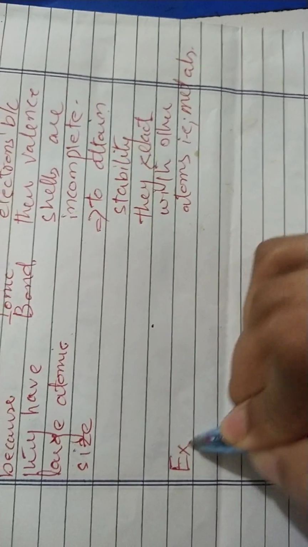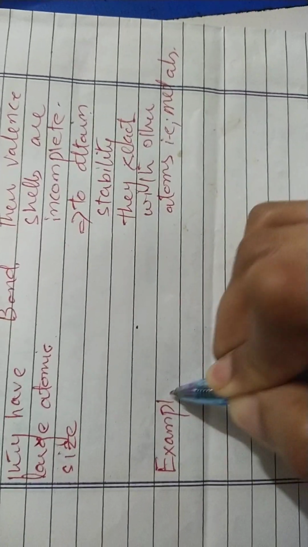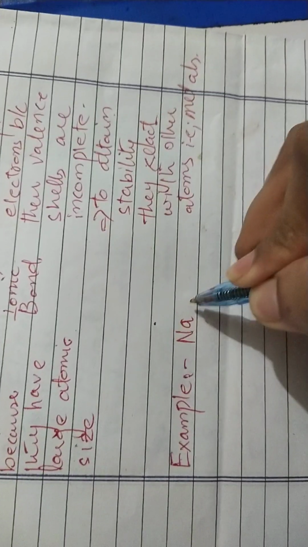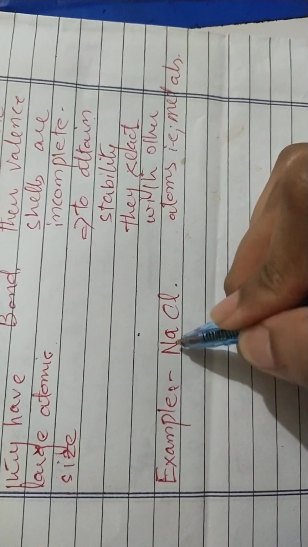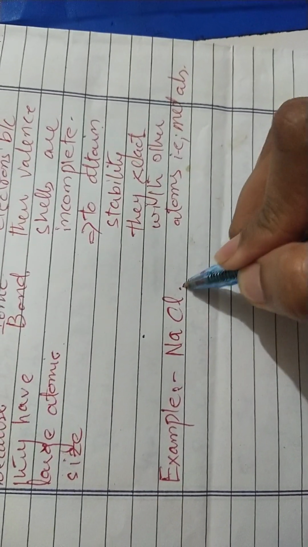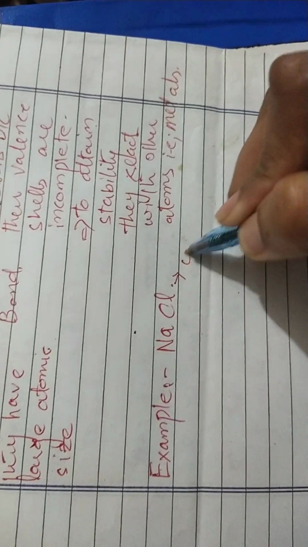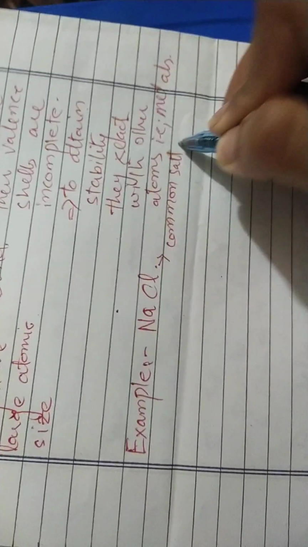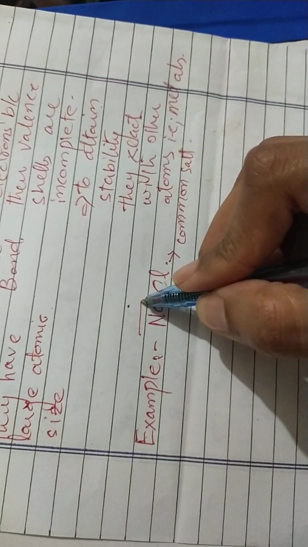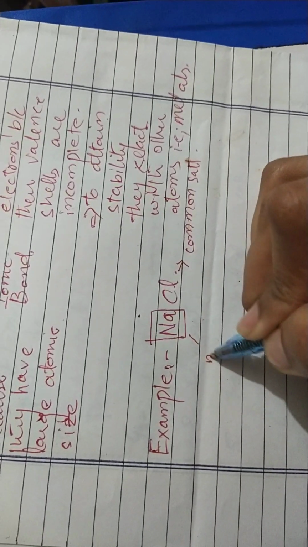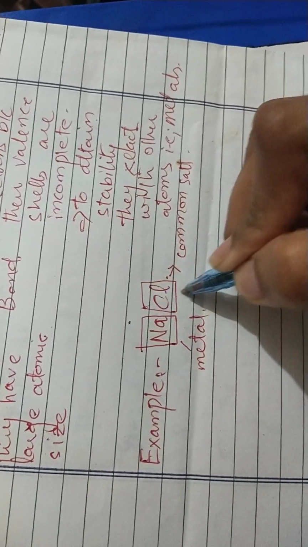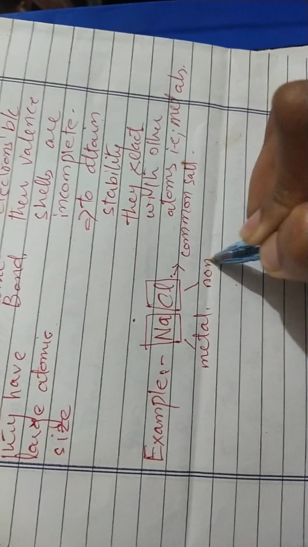There is a good example of the formation of NaCl. In NaCl, sodium chloride, which is also common salt, sodium is a metal while chlorine is a non-metal.